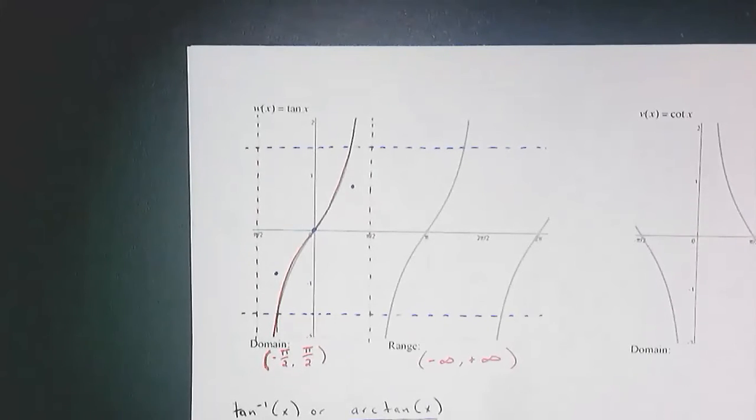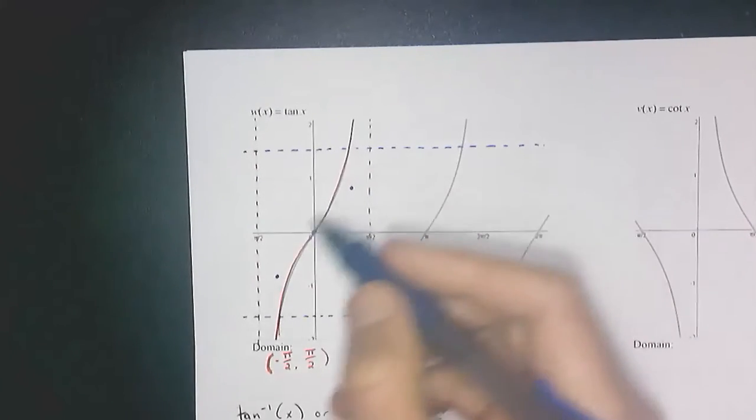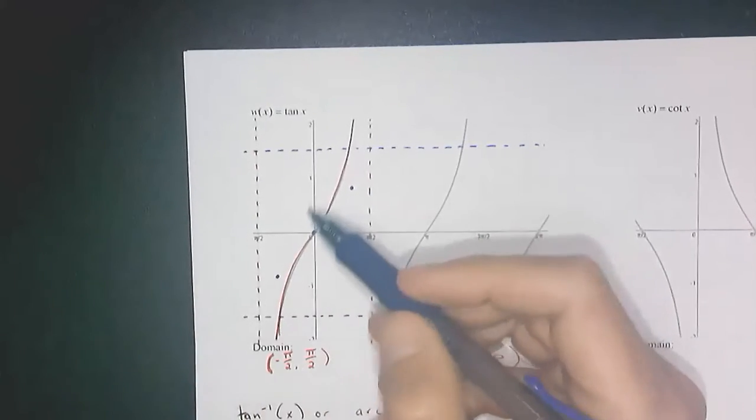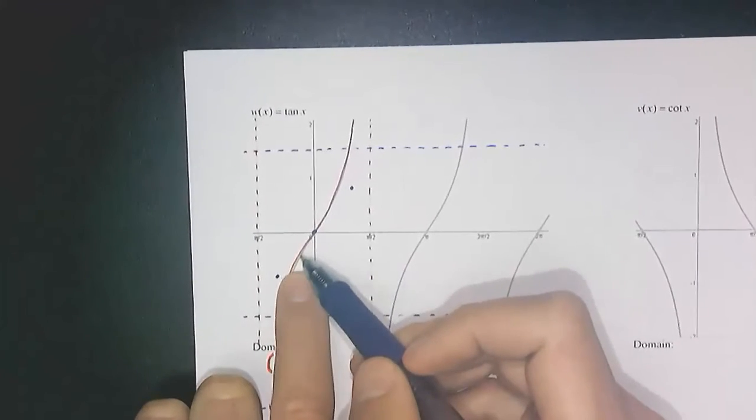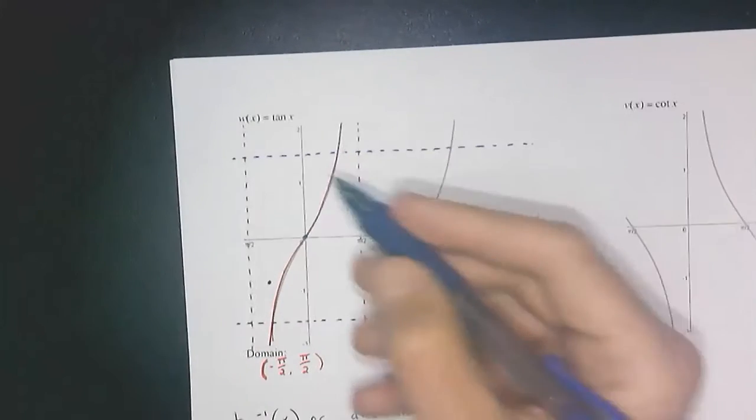So then our curve doesn't ever actually cross over the tangent. It sort of just kisses it.